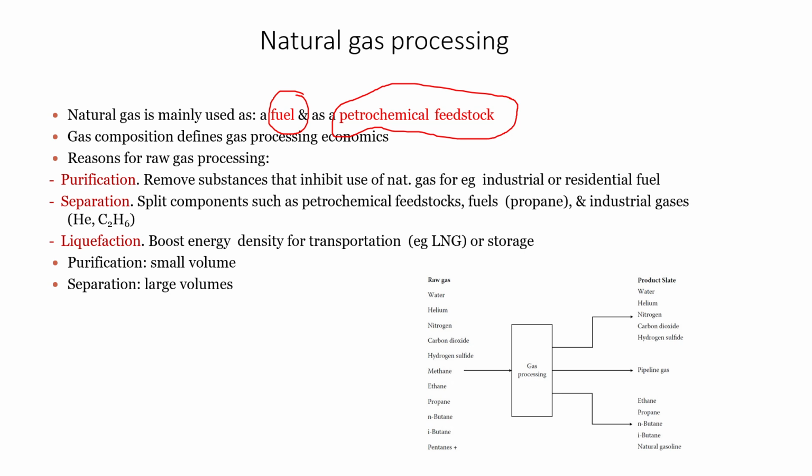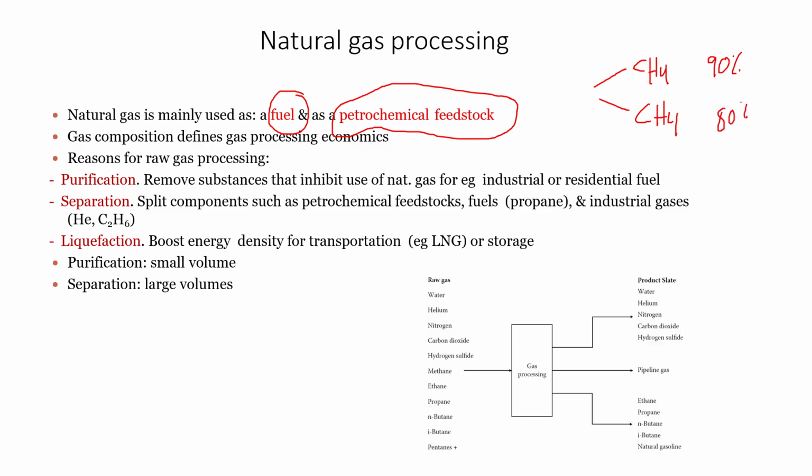For example, say you produce a gas that is highly rich in CH4, which is methane, and another that has a little less CH4. Let's say this one has 90% CH4 and this one has 80%.